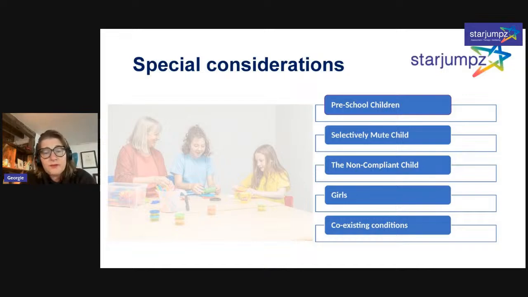We try lots of different ways. We have assessed quite a number of selectively mute children. It's challenging because we can't get a lot of the answers, but some children will write the answers for us. We adapt and try to get as many observations and as much information as we can.